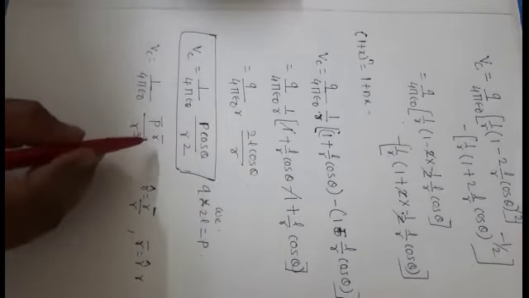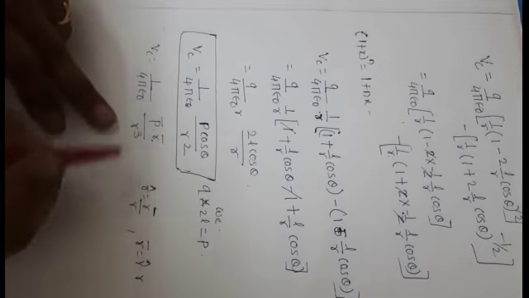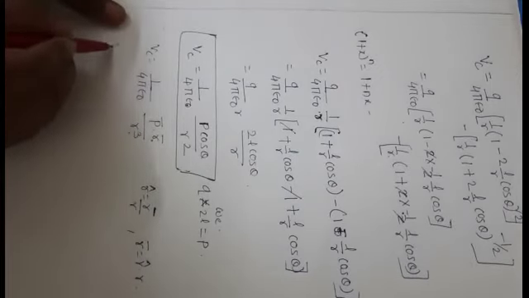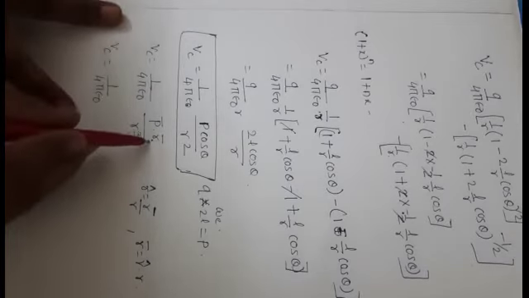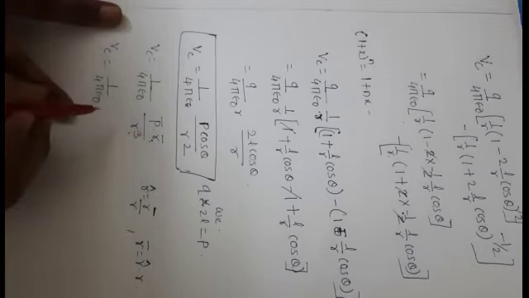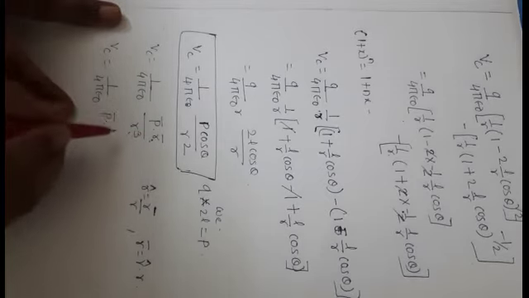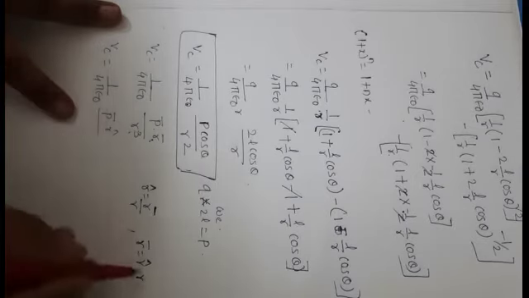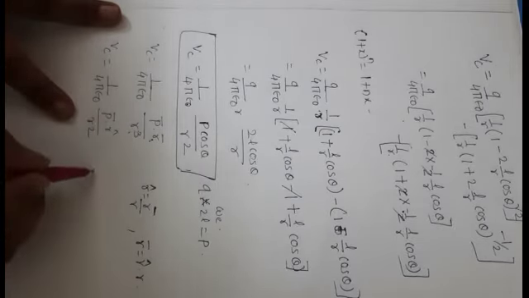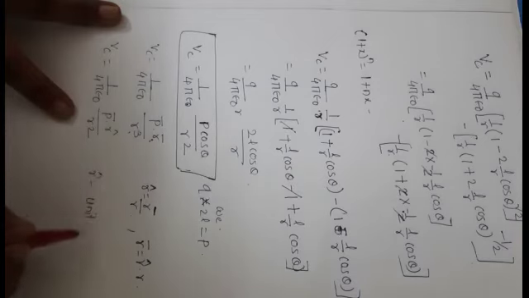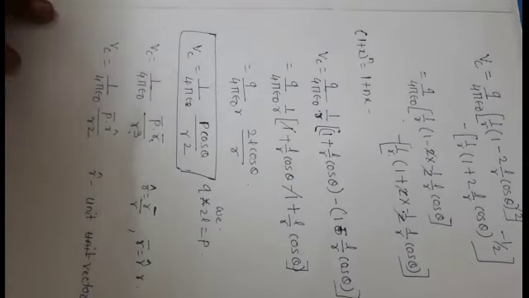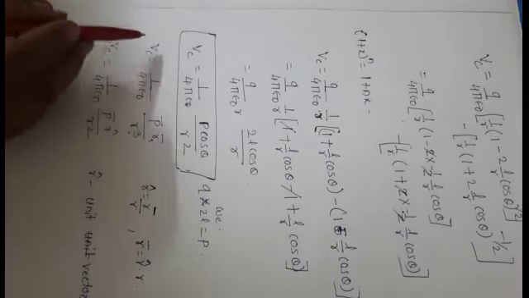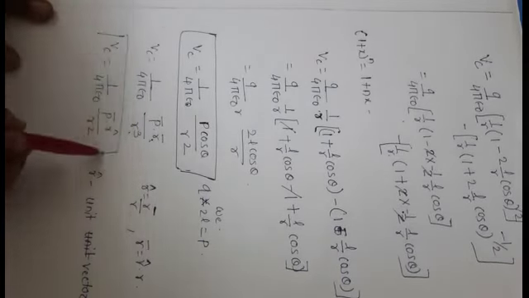If we place r cap, we get 1 upon 4 pi epsilon 0 times P dot r cap upon r squared, where r cap is the unit vector directed towards the position. This is another form of the electric potential.